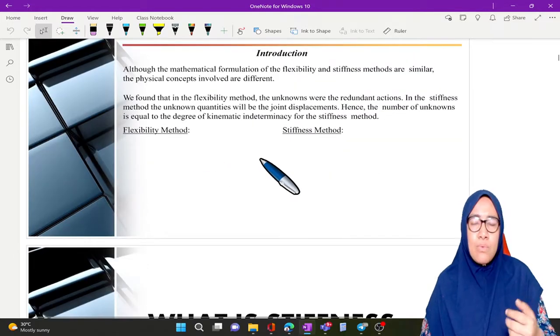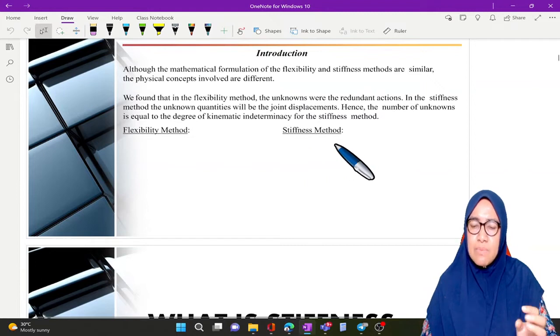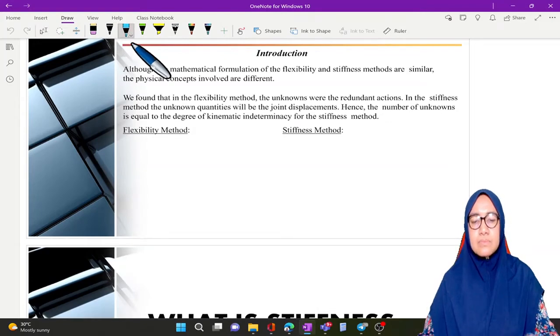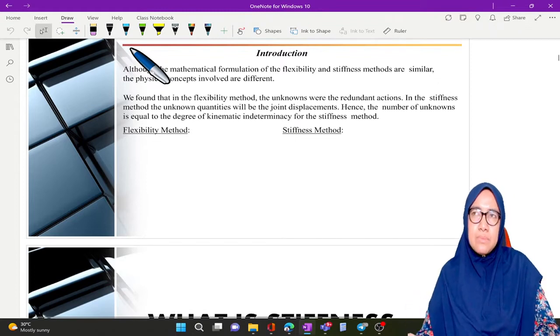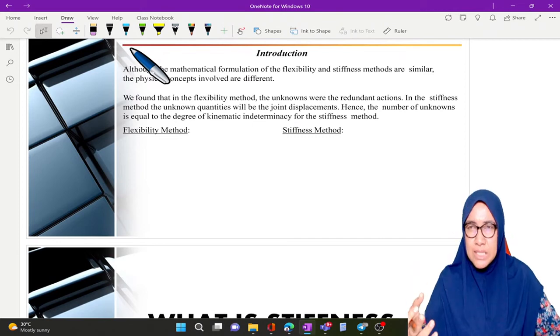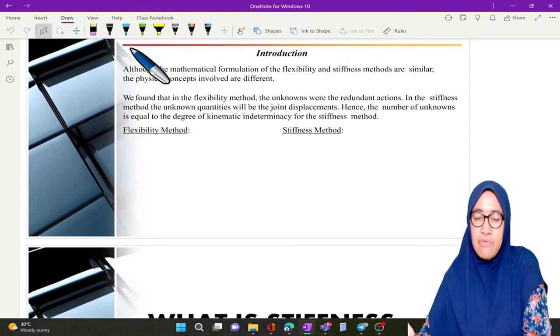What else? In the flexibility method, we will get the reaction value, the redundant. Redundant is reaction. Redundant is forces. Redundant can be a reaction, or a member force.